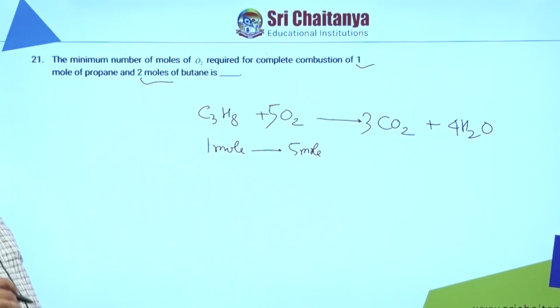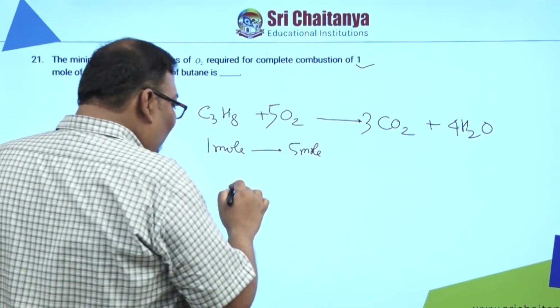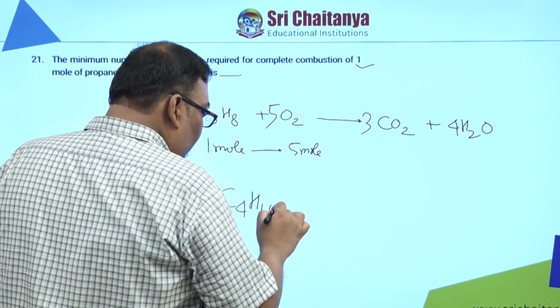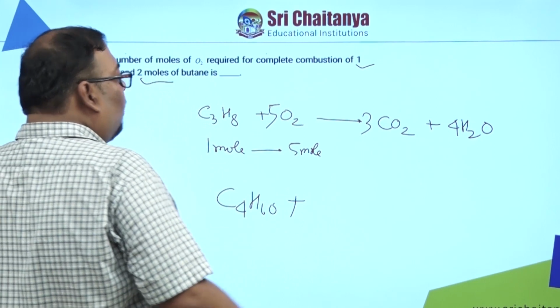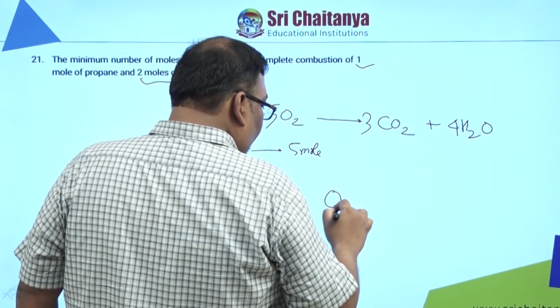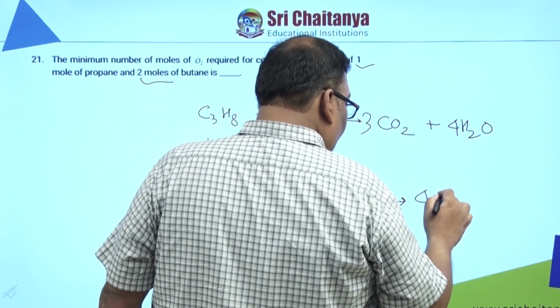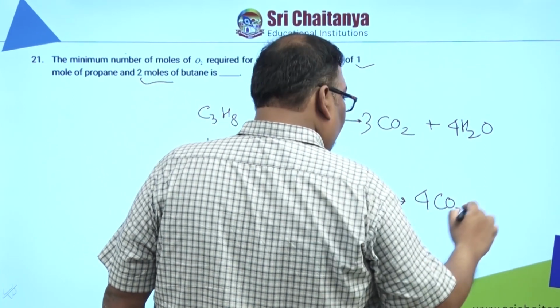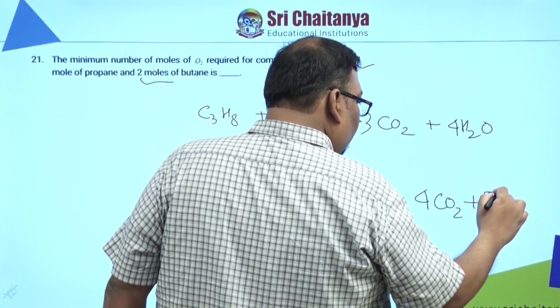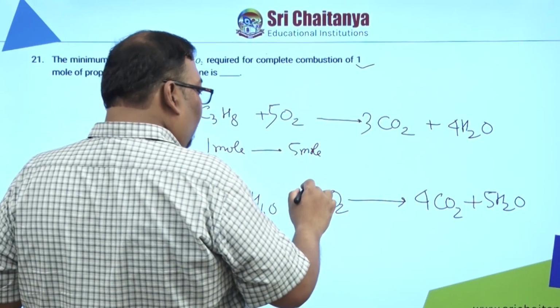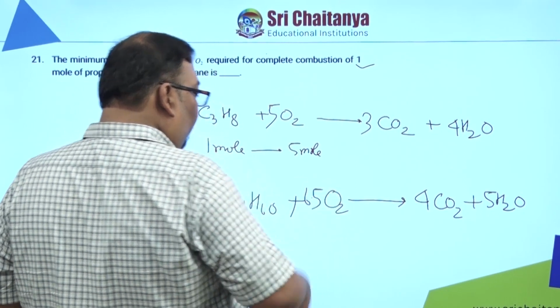Now next we have to write it for butane also. C4H10 plus O2 giving 4 CO2 plus 5 H2O. So you see the total number of oxygen atoms is 13, so here we will be putting 6.5 O2.